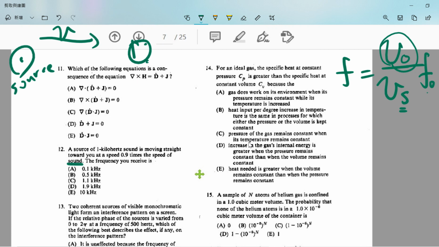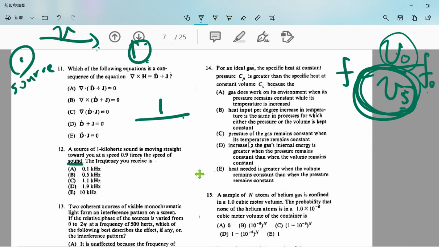So in this case the source is moving, right? So this one is different, has something different. And for the Vo, it is just the speed of sound because the observer is fixed. So this is 1, right?